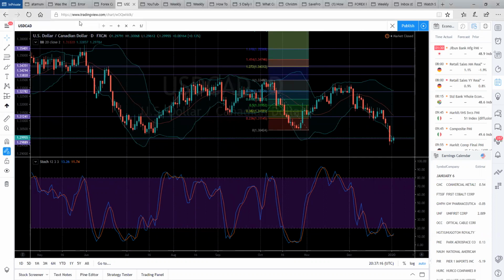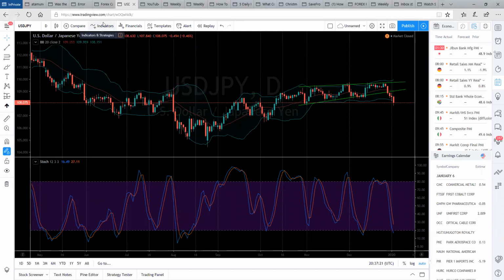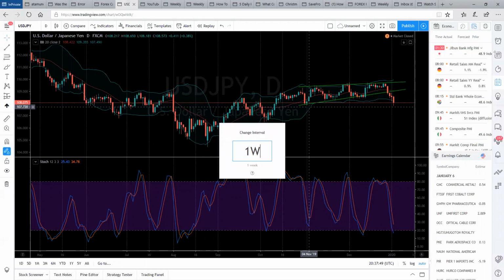And let's look at USD JPY. USD JPY also gave us profits. It went to our targets. We're looking for the price coming down to this area at 107.80, and we got quite close. Now, what do we look for in the weekly?